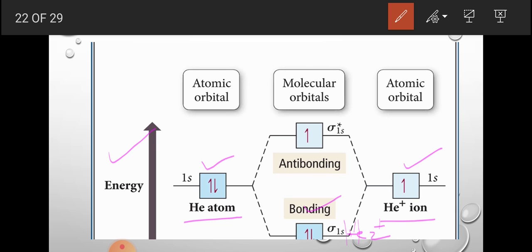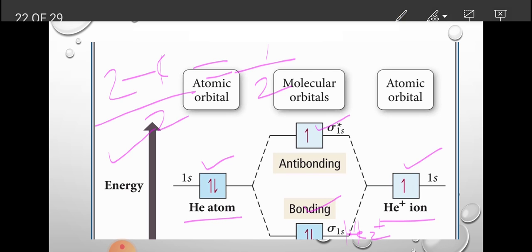First we will fill the bonding orbital. 2 electrons will go here, 1 will come here. If you have to calculate the bond order, bonding minus anti-bonding by 2, it will come half. Okay, like this we can make it for the helium ion.